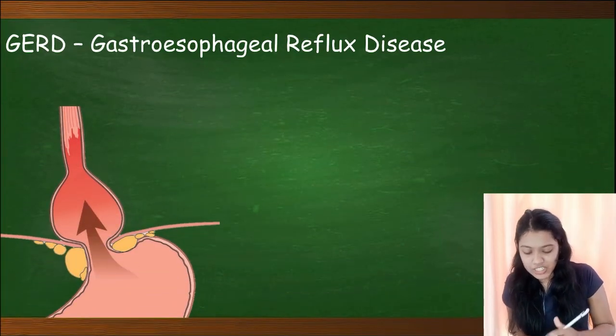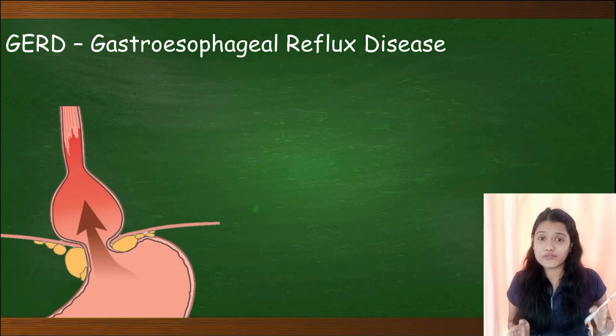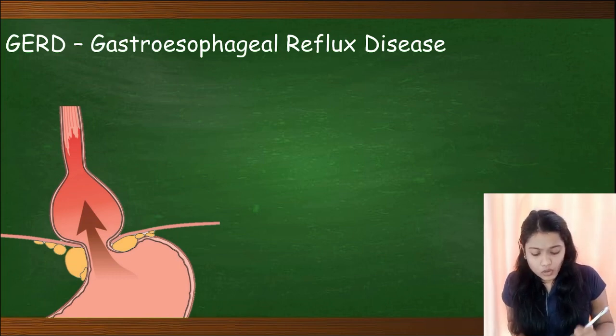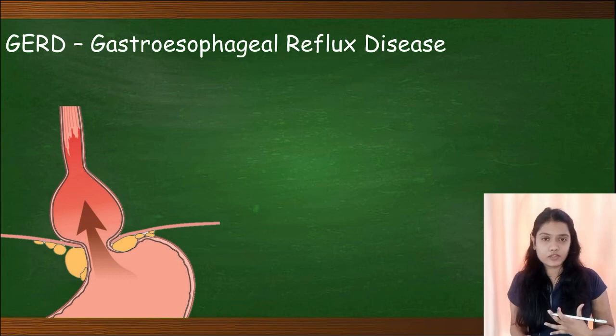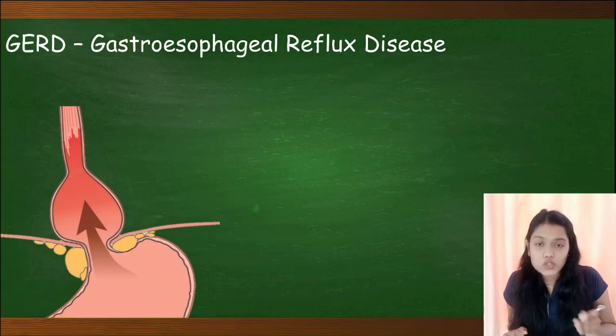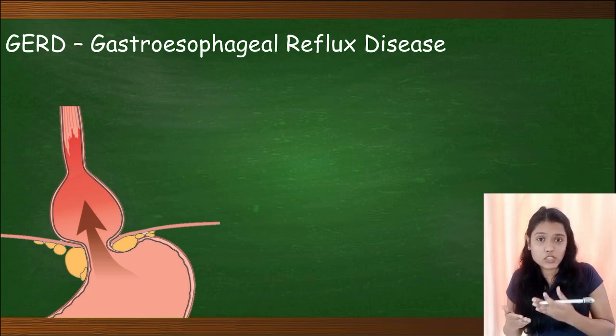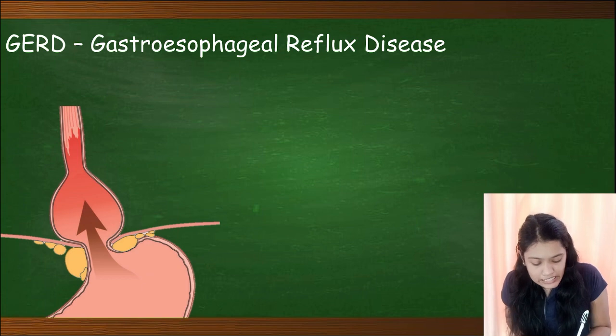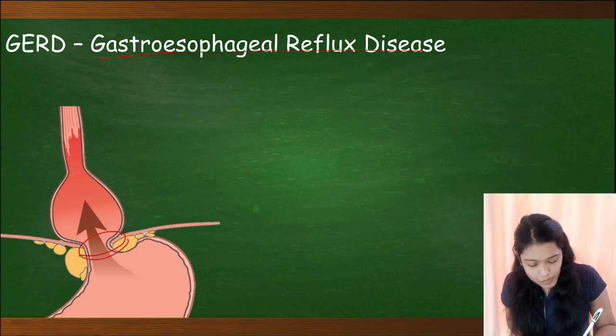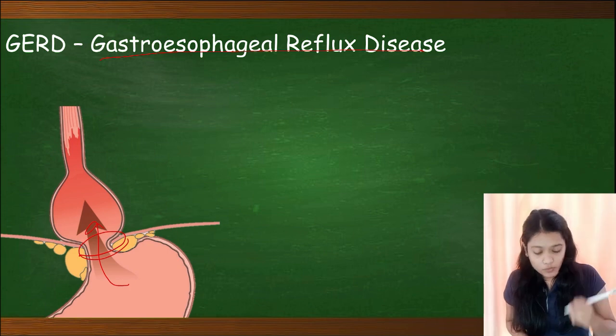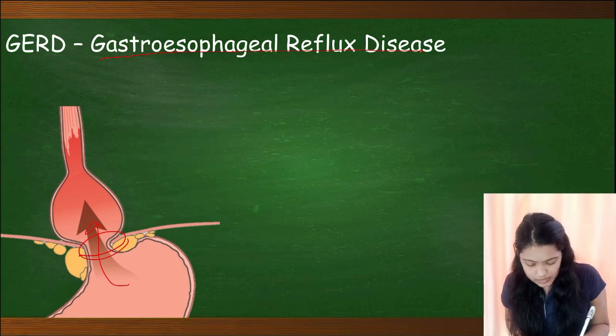Moving towards GERD, that is gastroesophageal reflux disease. What is GERD? In a normal stomach, the lower esophageal sphincter is closed, which doesn't allow the stomach content to go back into the esophagus. But in gastroesophageal reflux disease, this sphincter is not closed properly, and because of this, it allows stomach content to go back into the esophagus.